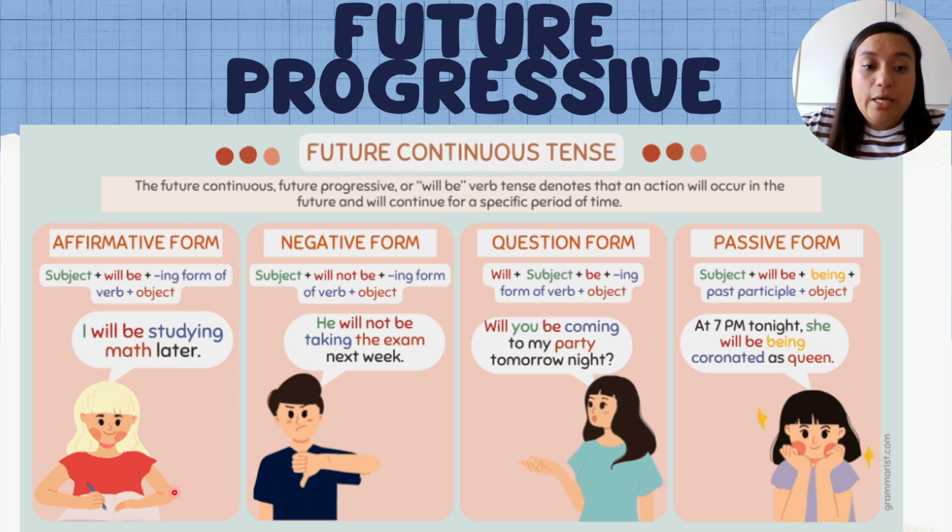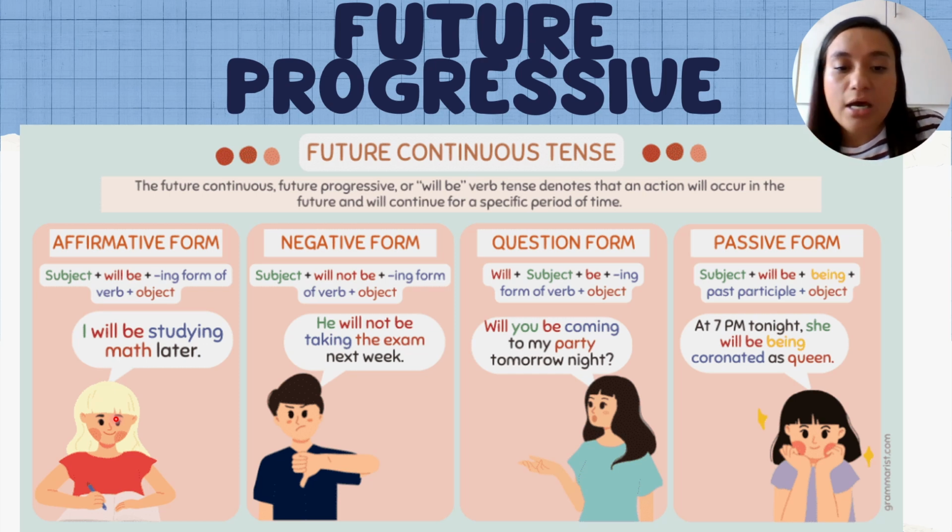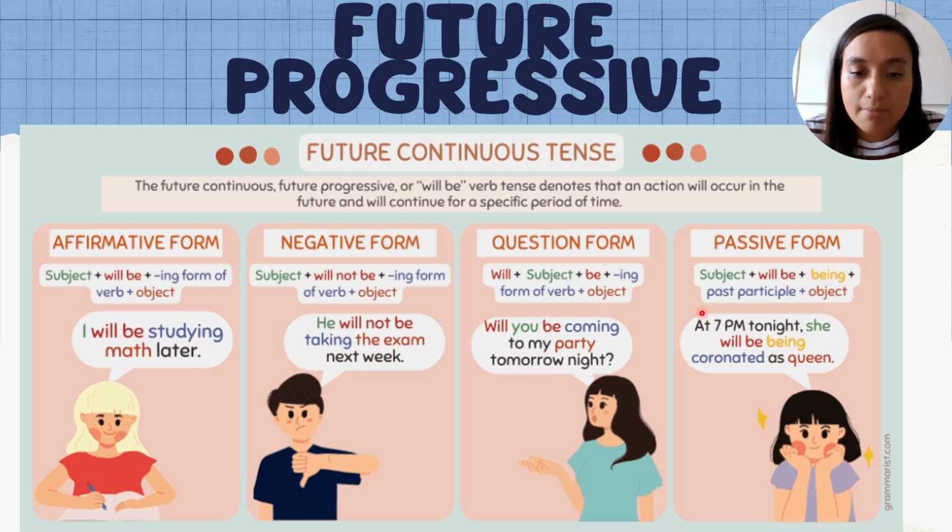Okay, so we have, I will be studying math later. Yo estaré estudiando matemáticas más tarde. Negative form: He will not be taking the exam next week. Question form: Will you be coming to my party tonight?